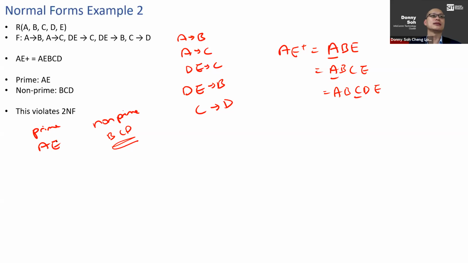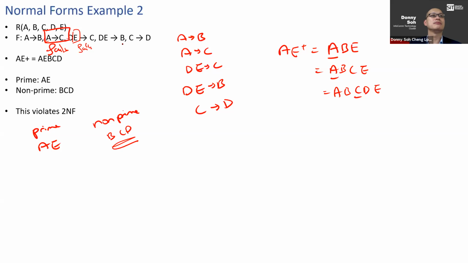Are they dependent on a subset of my candidate key? Immediately we find that this fails, because C non-prime is dependent on the subset. C implies D, E. Again, this also fails.